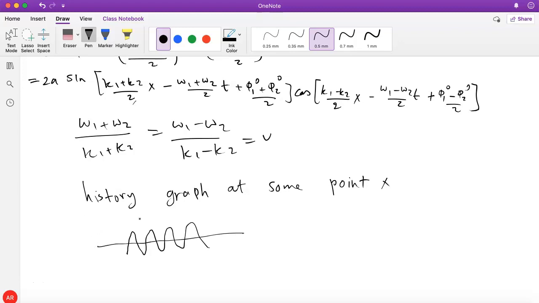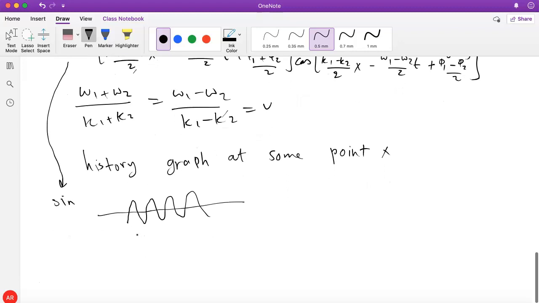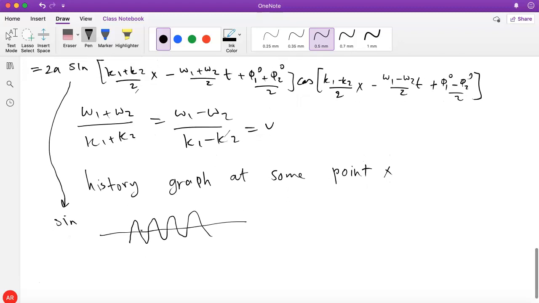So let's say this is just a sine term. If you fix x, this whole thing, (k1 plus k2)/2 times x plus (phi 1 plus phi 2)/2, is just some phase shift, and the cosine has a different phase shift. So we're going to get a sine and a cosine, and they have different frequencies, right?